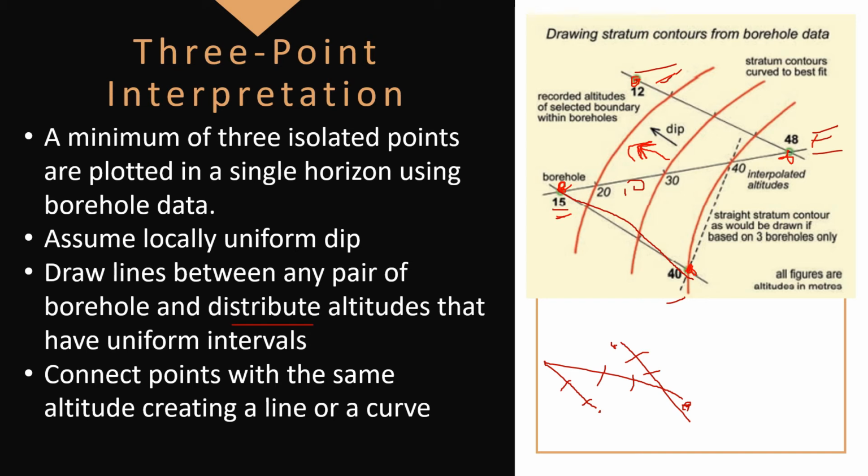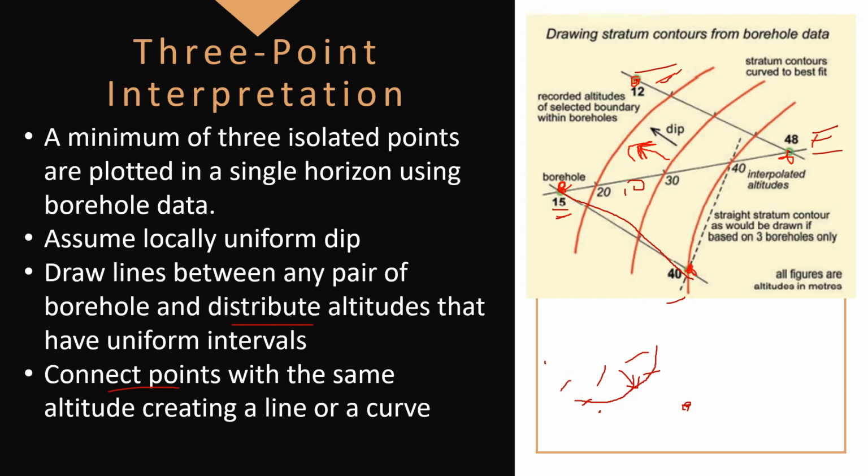Then afterwards you are going to connect points with the same altitude, creating a line or curve. Let's say in this case we're going to connect, and the dip is going that way. So if you're going to connect, as you can see, it creates a curve.